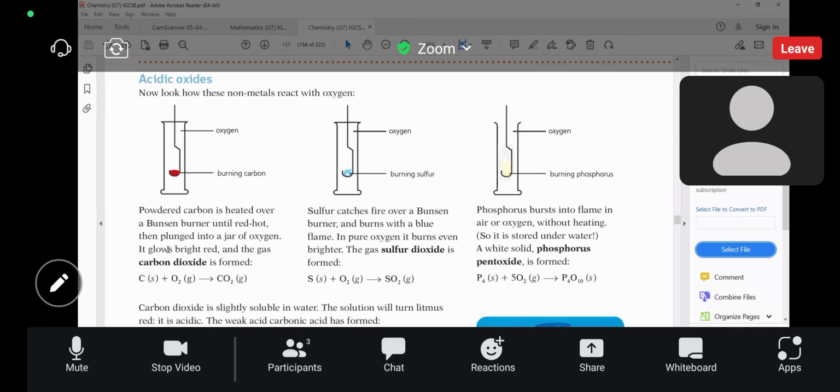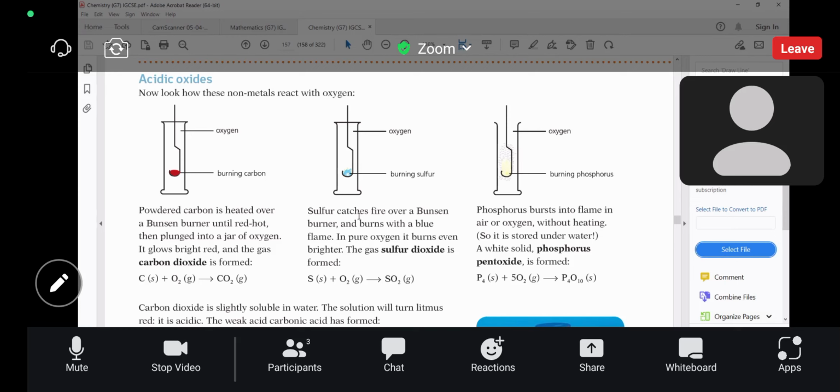When Fe reacts, it will be bright orange. You remember? Copper will only produce black colored substances called copper oxide. Here it glows bright red, and sulfur has blue color.